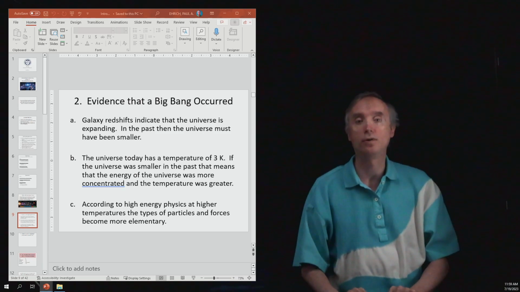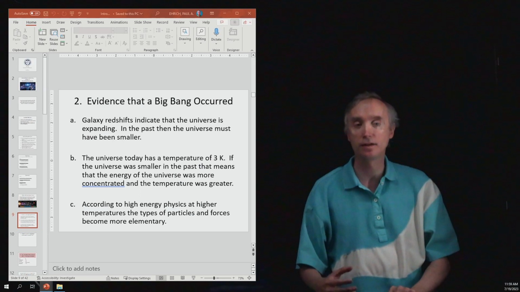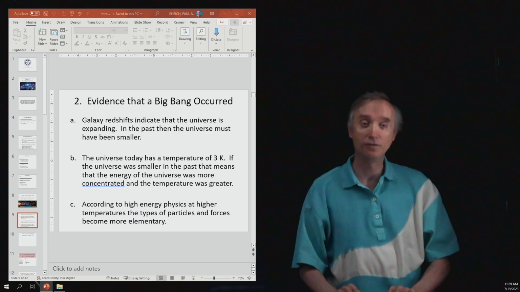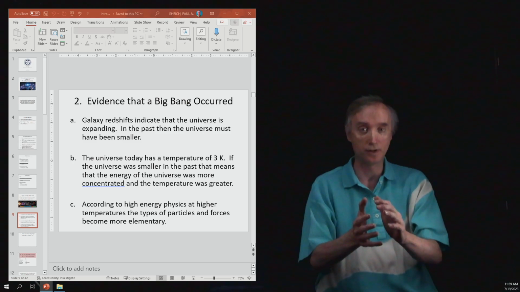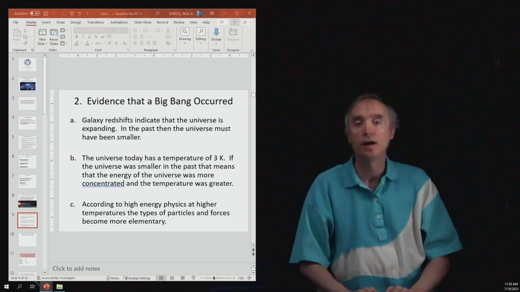First, according to Hubble's experiments, he showed that the galaxies are moving away from Earth, and that is because of the expansion of space and time. So if we run the clock backwards, everything should come back together again.